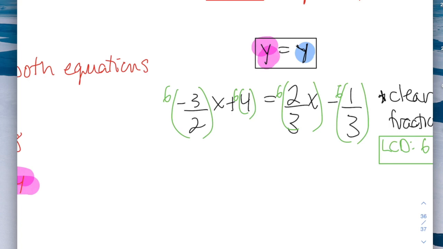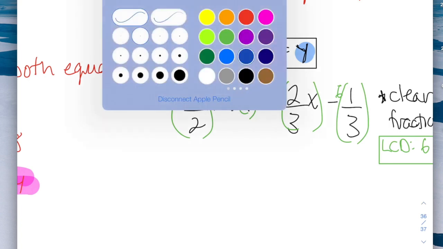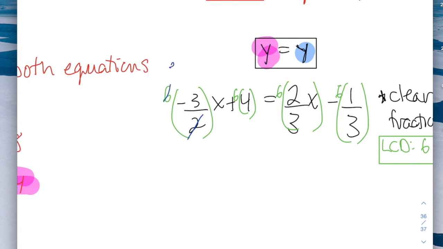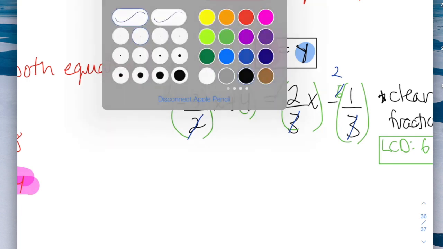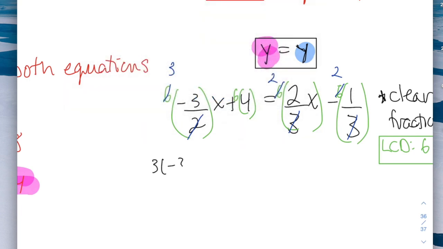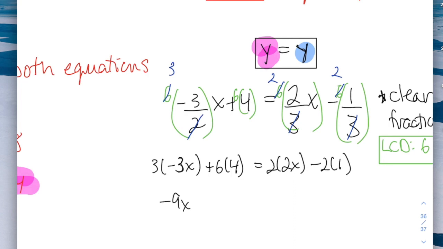All right, so what I'll notice here is that this reduces to 3, this reduces to 2, and this reduces to 2. So let's take another line and just clean this all up. Okay, and now we can solve for x.